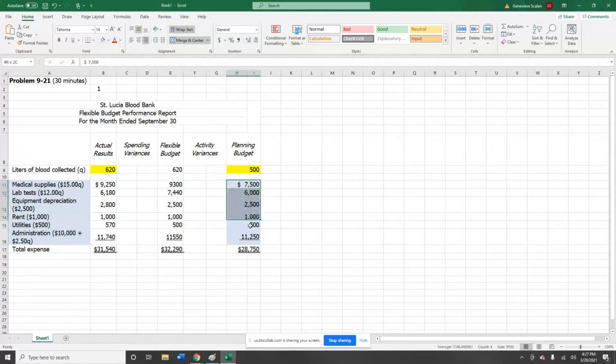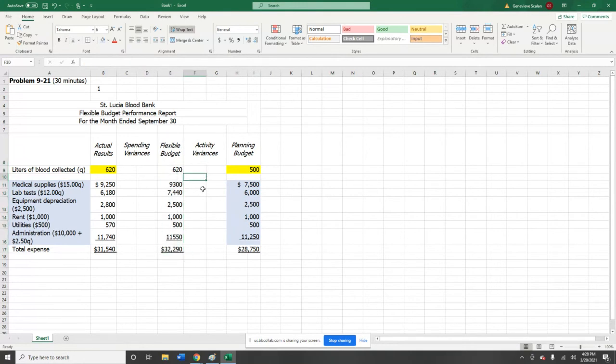So what a flexible budget tells you is, if I had known I was going to do 620, or if I had been a better estimator and had estimated 620, this is what I would have predicted my budget to be.